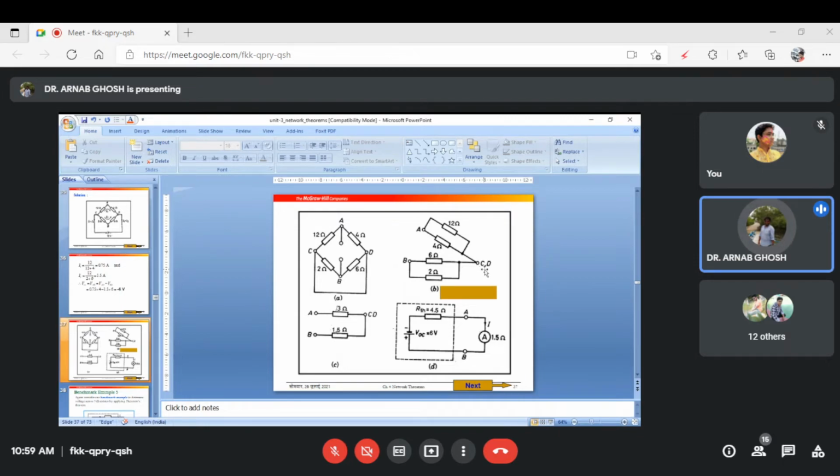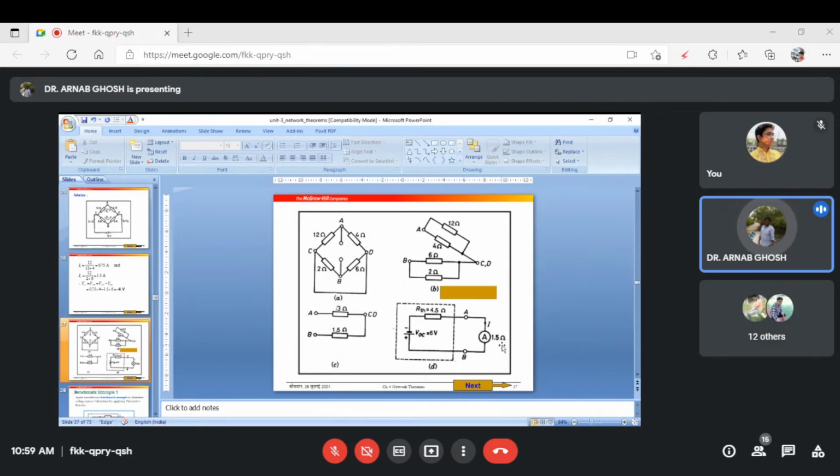If we take CD as a common terminal, then these two are in series. So the equivalent resistance of 4 ohm and 12 ohm is 3 ohm. Equivalent resistance of 2 ohm and 6 ohm is 1.5 ohm. We are adding these two up and we are getting the final Thevenin circuit. The VOC is 6 volt. RTH is 3 plus 1.5, that means 4.5 ohm.